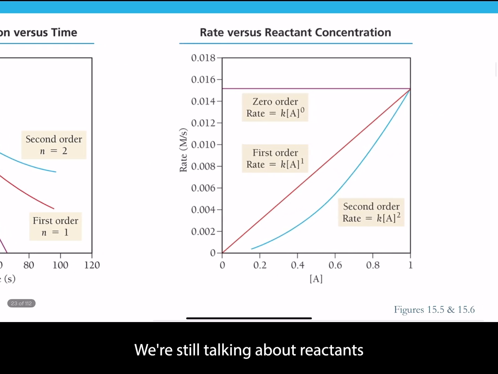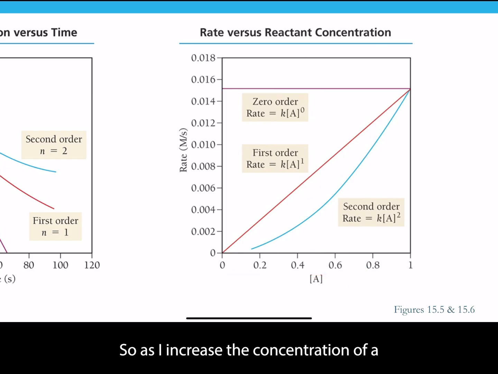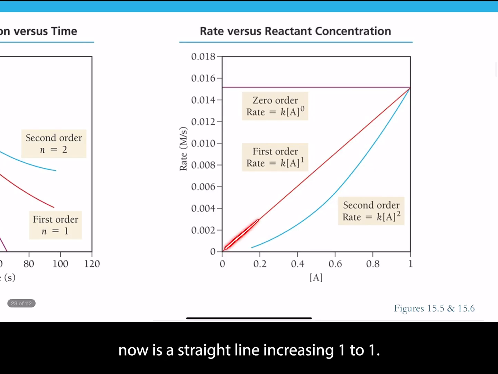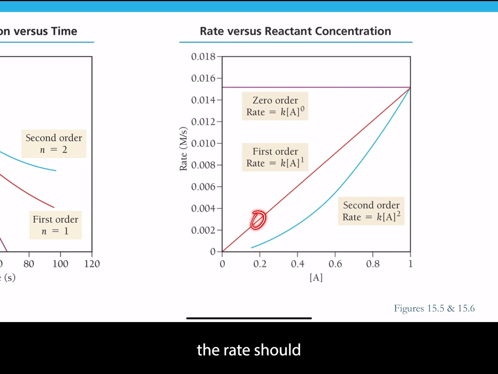We're still talking about reactants, but this is the rate now as it relates to the concentration of A. As I increase the concentration of A, for zero order, you can see no change. But the first order now is a straight line, increasing 1 to 1. So doubling from 0.2 to 0.4, the rate should double in that same space. And for second order, it increases according to the square.